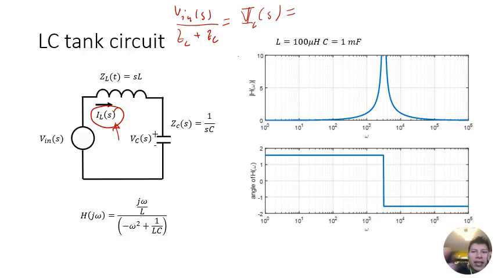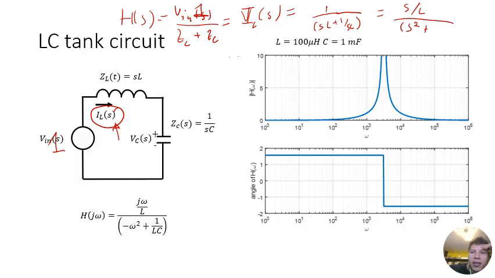You can just rewrite this as, if we assume that the input is 1 so that we can find the transfer function, H of S equals 1 over SL plus 1 over SC, and then we can multiply by S and divide by L. So we're going to get S over L divided by S squared plus 1 over LC.